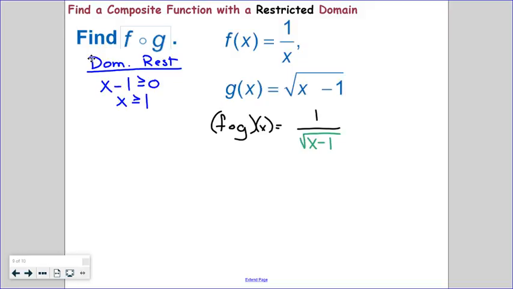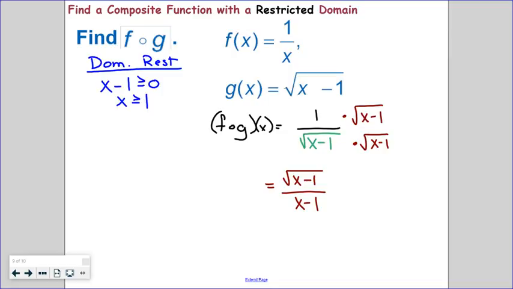So I would rationalize that, to get my final answer. And my final answer would be the square root of x minus 1 over x minus 1. Good so far?